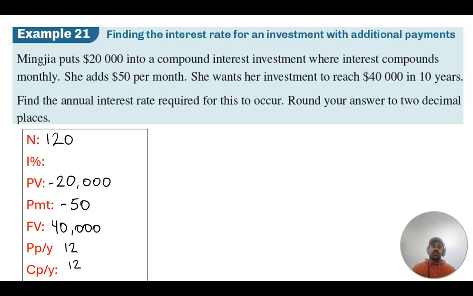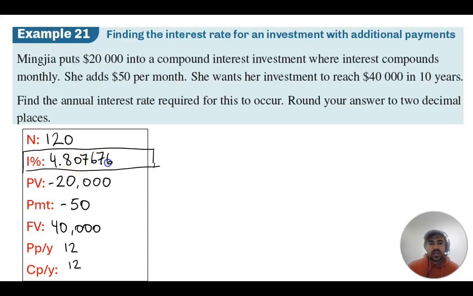And what we want to know is, what is the interest amount? So when you put this into your financial solver, it will spit out an interest amount of 4.807676.